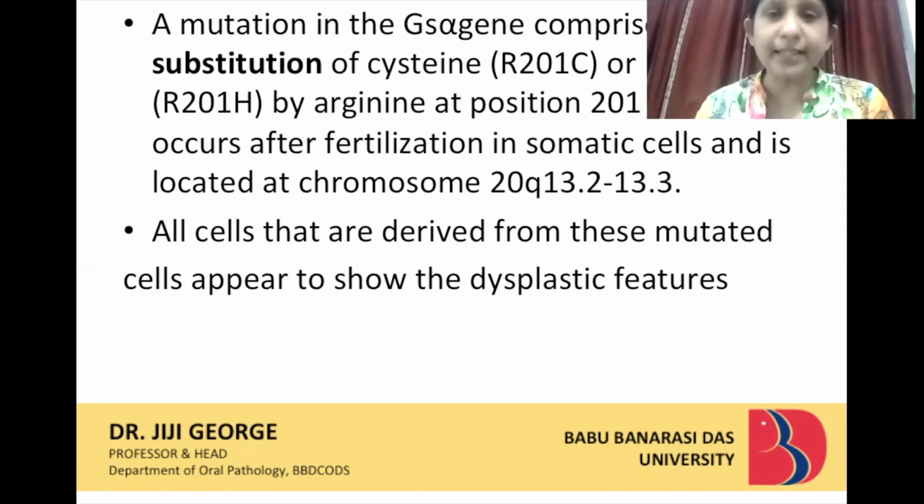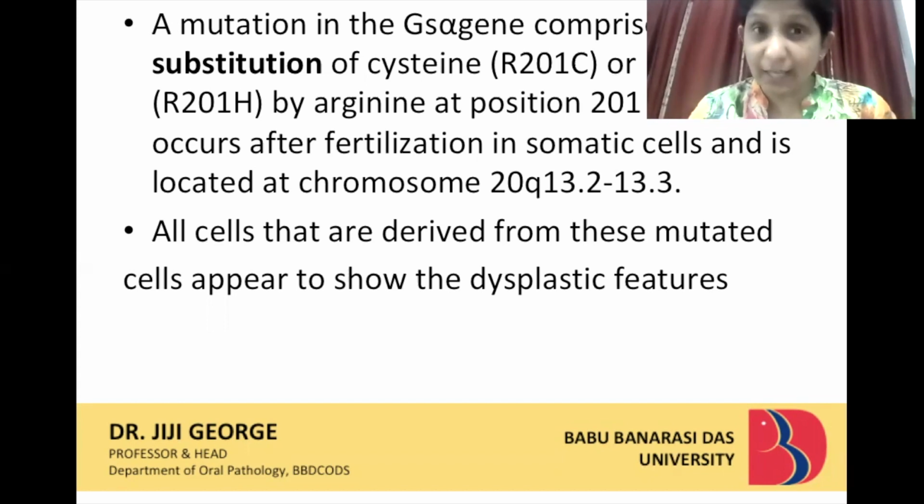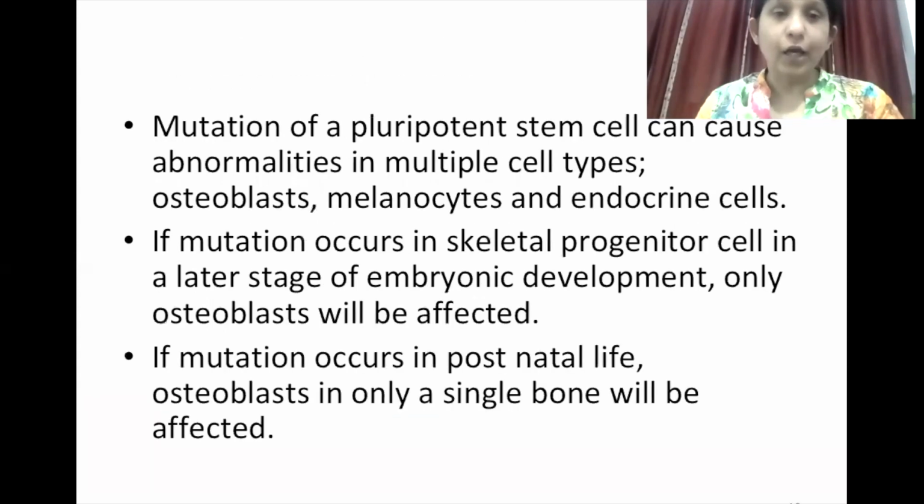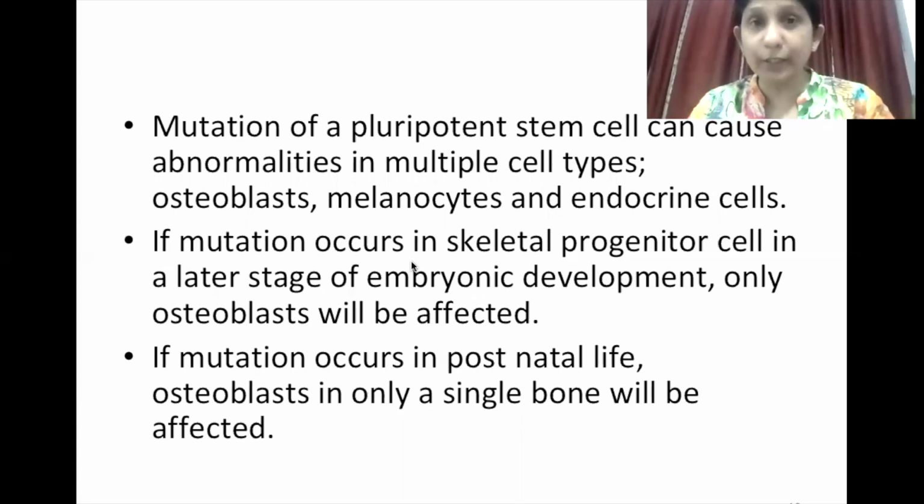Now, all the cells that are derived from these mutated cells appear to show dysplastic features. So development is such that when one gene is affected, whichever cells are dependent on that gene are going to be mutated, and will show some dysplastic features. Mutation of a pluripotent stem cell can cause abnormalities in multiple cell types. Now, what is a pluripotent stem cell?